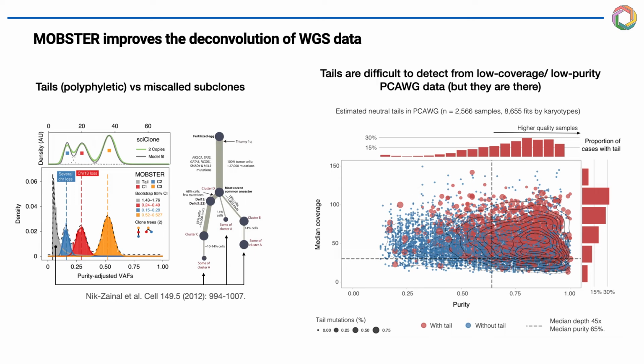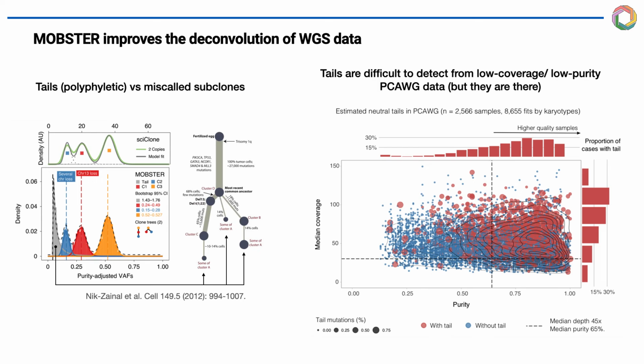We have used this method to analyze a number of samples available in the field, new data, as well as large cohort data. What we have found is that results considered to be extremely solid are actually improved by our analysis. In the context, for instance, of the sample on the left, which is a breast cancer whole genome at 200x, more or less, we find that one cluster identified by our method associated to a neutral tail, like the gray cluster there, is essentially the same cluster that in the original analysis is phased at the level of somatic mutations to be part, evolutionary speaking, of all the other clusters found in the data.